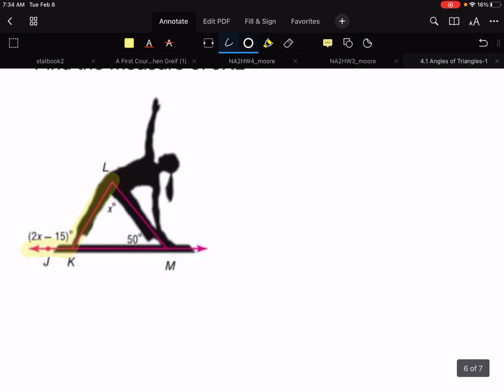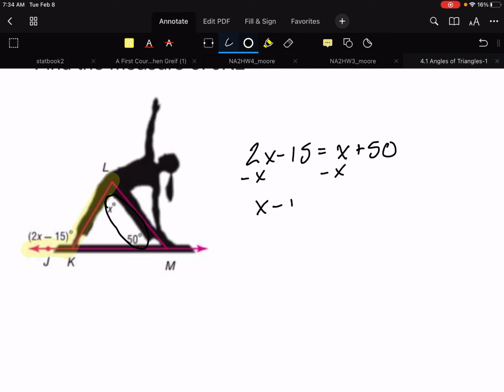So I have my exterior angle, which is 2x minus 15, equals these 2 added together, so x plus 50. And this is just an equation that we can solve. So if we move an x to the other side, we've got x minus 15 equals 50. Add that 15 on over.